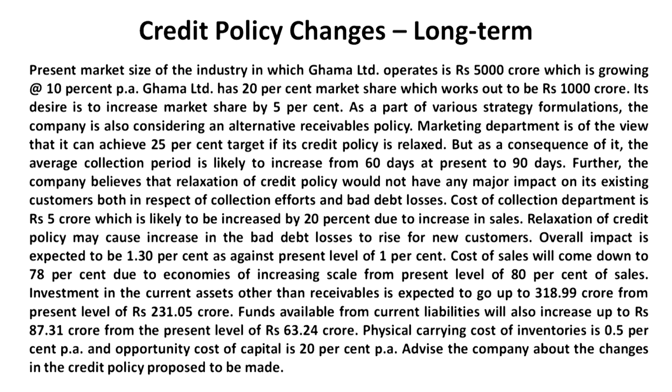And the cost of capital is 20%. So, if you consider all these changes which are expected to take place because of the long term credit policy changes, then we have to make a detailed analysis.